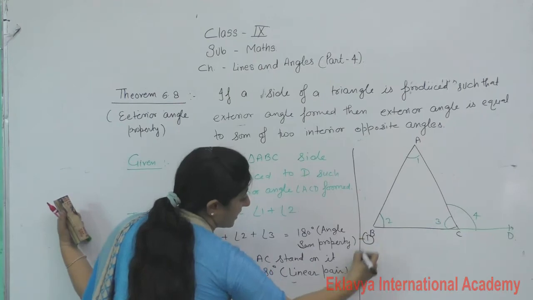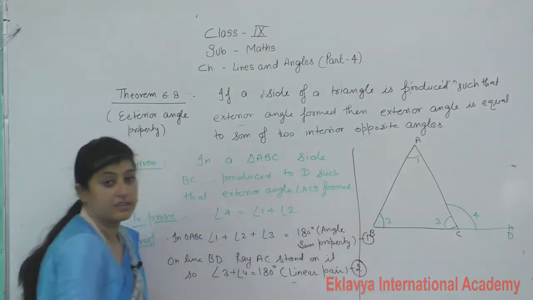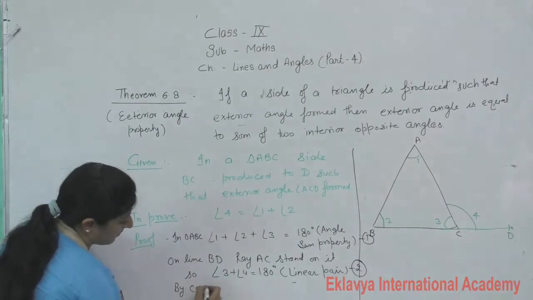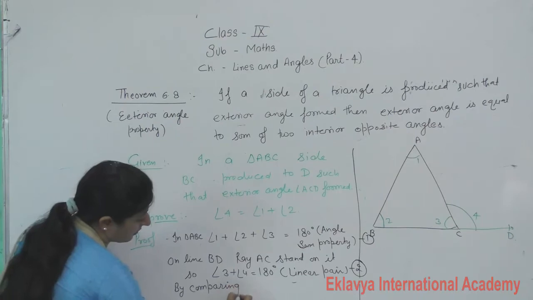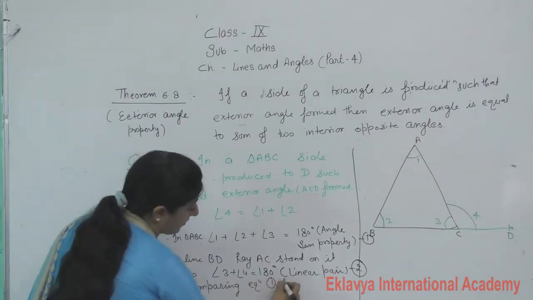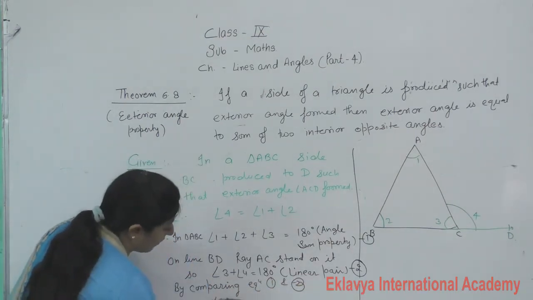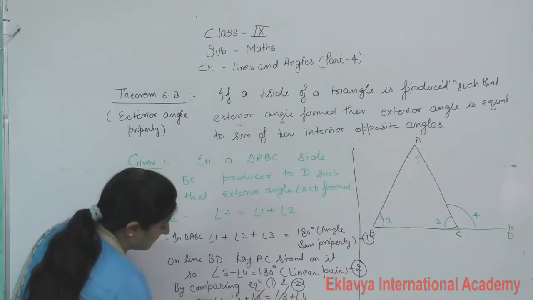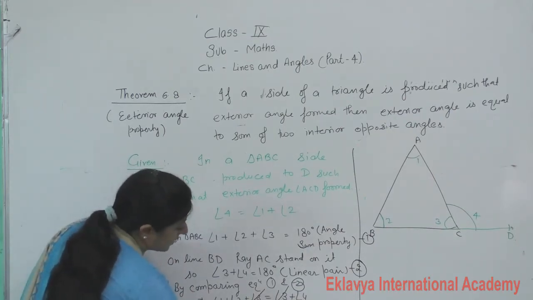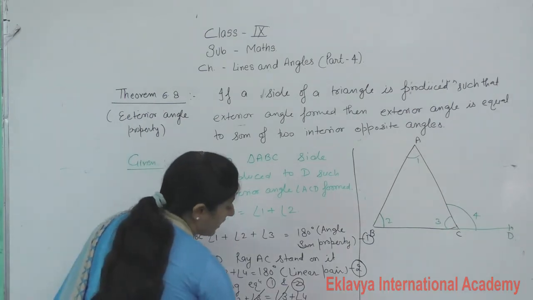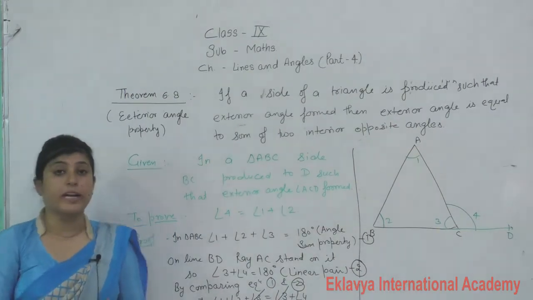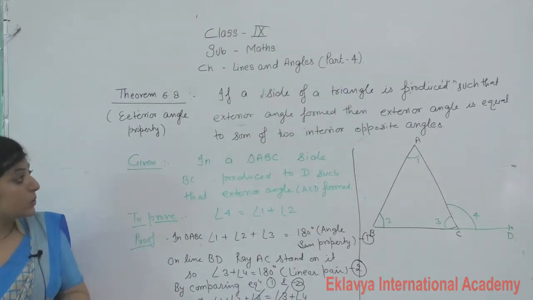This is equation first and this one is equation second. By comparing equation first and second, we can write 1 plus 2 plus 3 is equal to 3 plus 4. 3 and 3 cancel, then 1 plus 2 is equal to 4, hence proved. This is what we had to prove: angle 4 is equal to angle 1 plus angle 2.